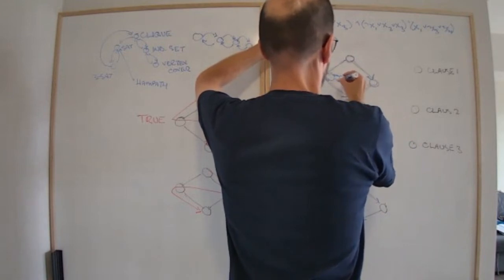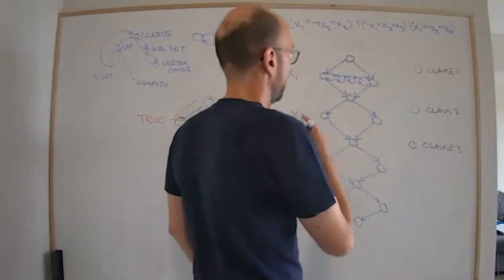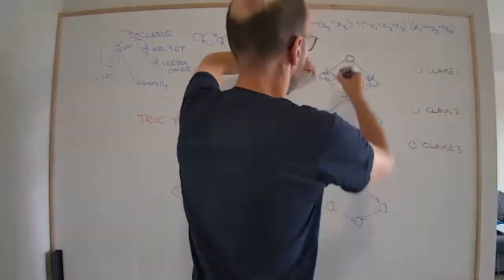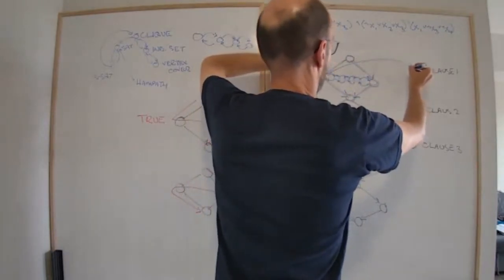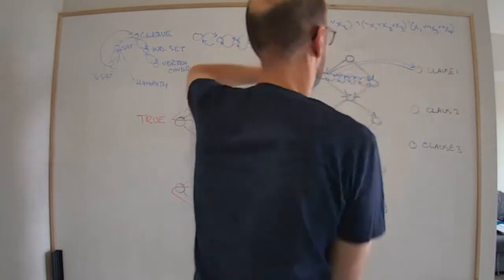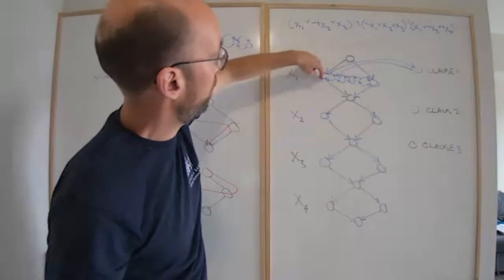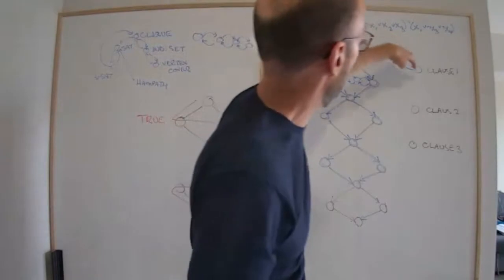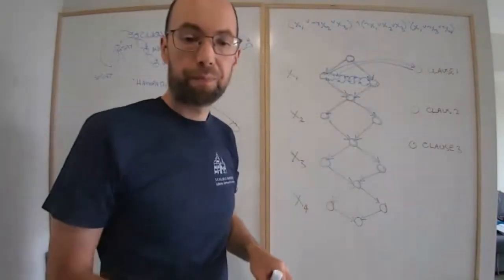Now, if I've set x1 to true, so I'm going this way, then I can satisfy clause 1. So instead of just crossing directly from this side to this node, I can jump over and visit clause 1 and jump back.